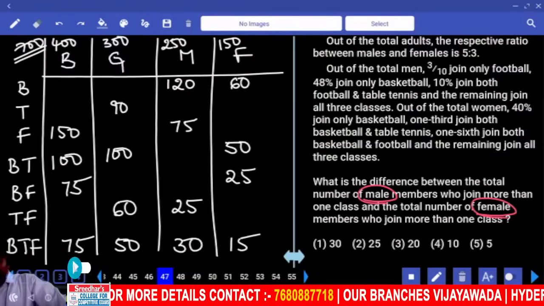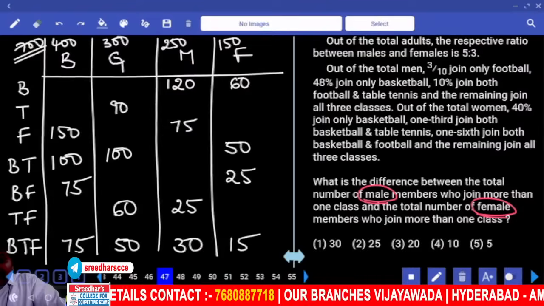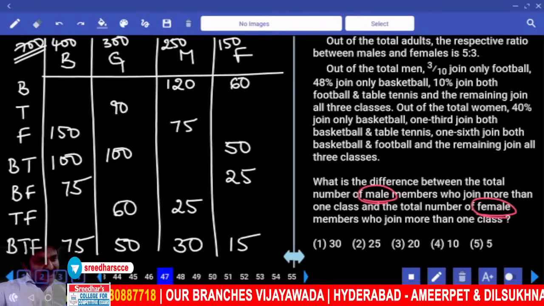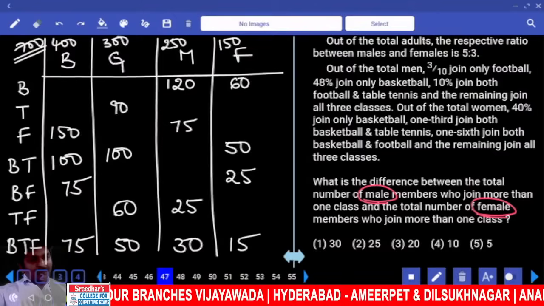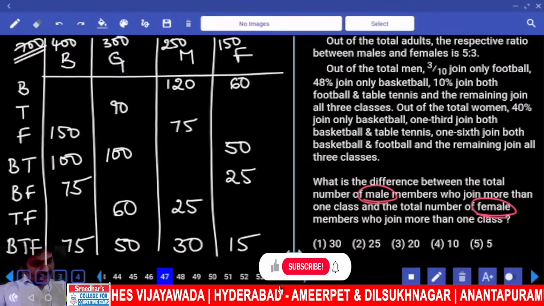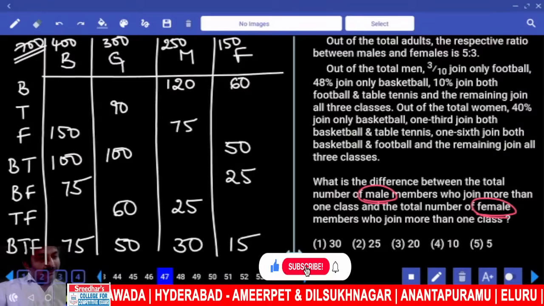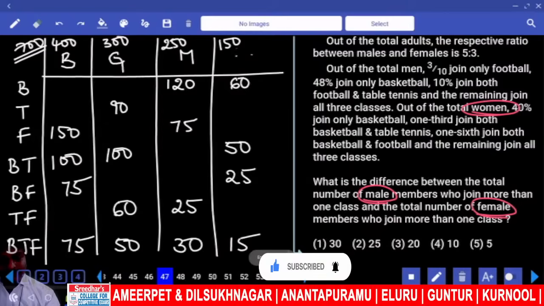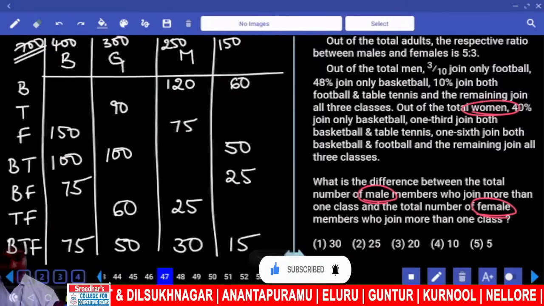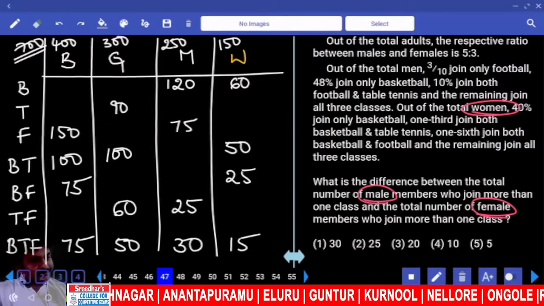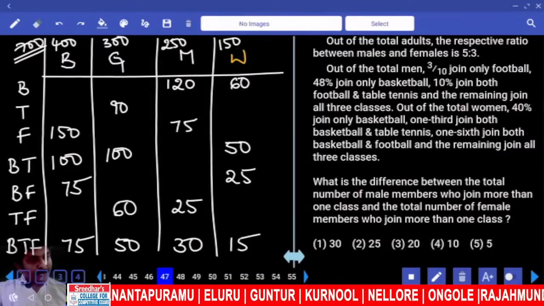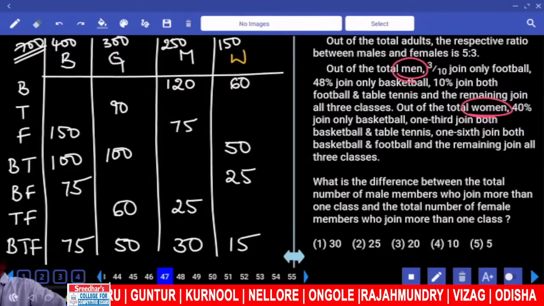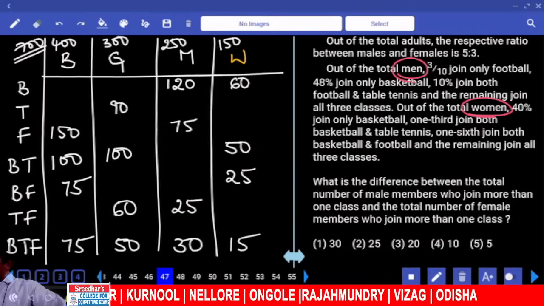Who are male here? In the data they are talking about total men and total women.